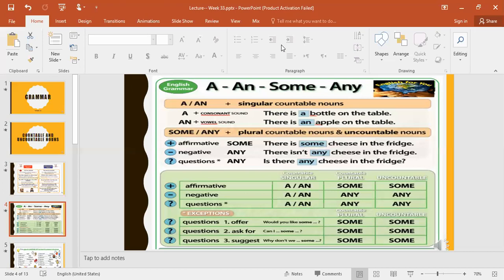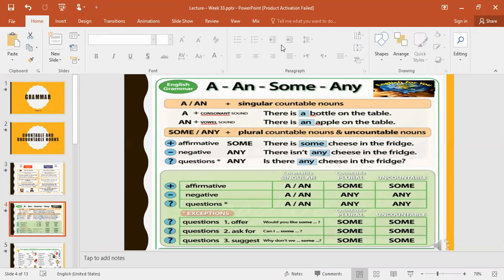Some and any are used with plural countable and uncountable nouns, but let's see the difference and how these are used. When I say negative, affirmative, and question, it means these are forms of sentences. So some is always used in the positive form. When I say there is some cheese in the fridge, if I want to use the negative form or to say the opposite, there isn't any cheese in the fridge.